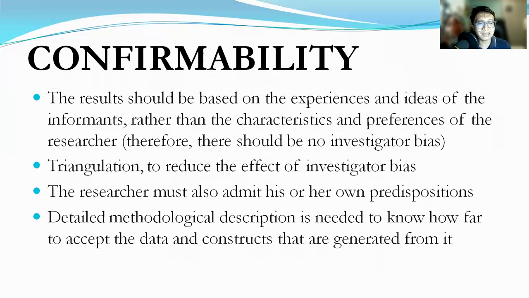But I am also a researcher in this study, and I have to eliminate possible bias that I have against someone performing abortion, because this researcher, the priest, might be interviewing someone who has already committed an abortion, for example. So the researcher must also admit his or her own predisposition.